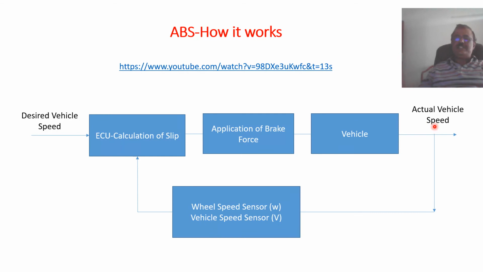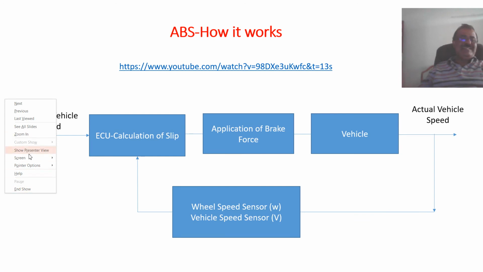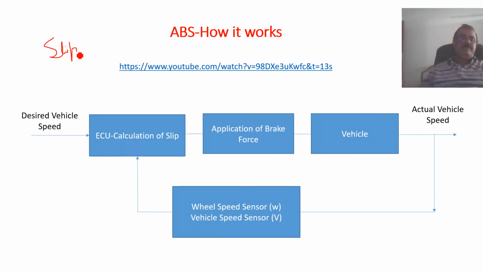So the actual vehicle speed is measured. There are two things here. We'll talk about something like slip over here. Slip is defined as (V minus omega R) divided by V. Here V is the vehicle speed and omega is the angular velocity of the wheel.